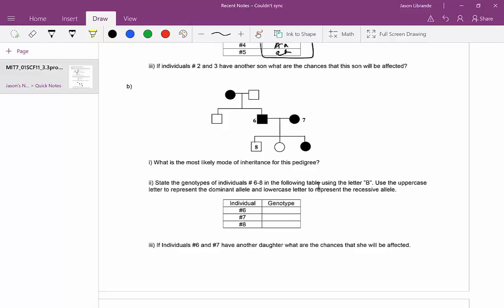If it was all female or all males, then it would be maybe a different pattern of inheritance. But here, since it's such a small pedigree, and since there's at least one male affected, I'm going to say this is autosomal dominant. So right now, that's my hypothesis until proven otherwise.